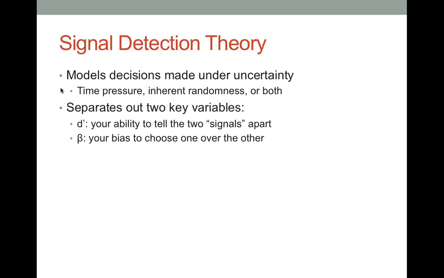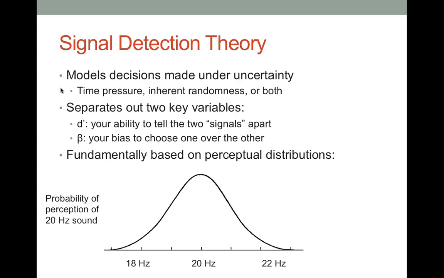And the other variable is beta, which is your bias to choose one over the other. It's fundamentally based on perceptual distribution, the idea being that there is inherent randomness in our perceptual system.